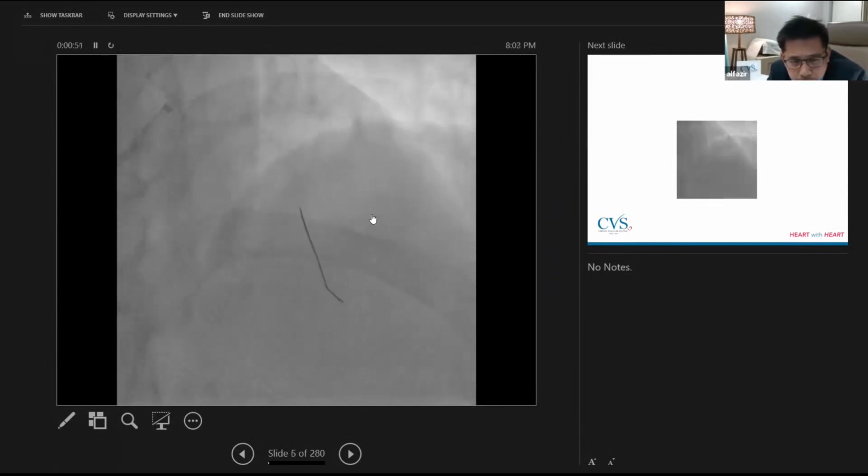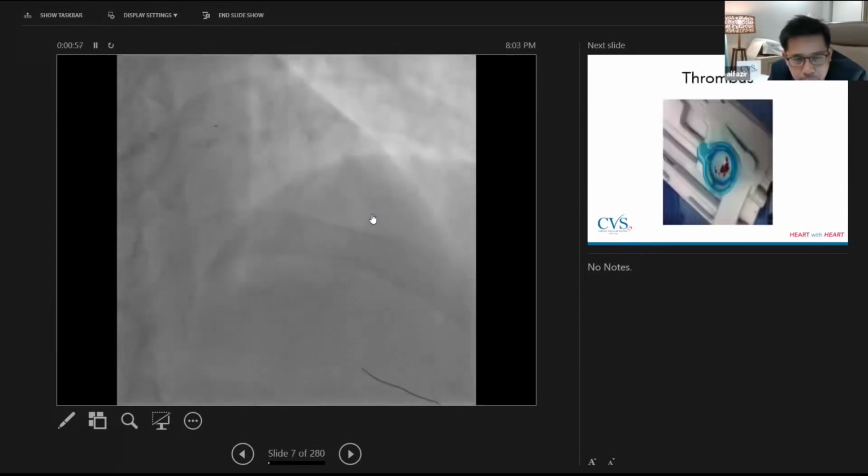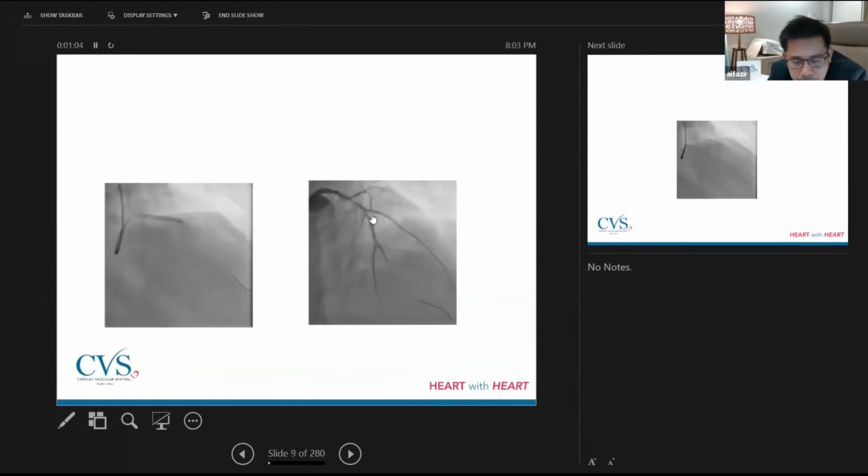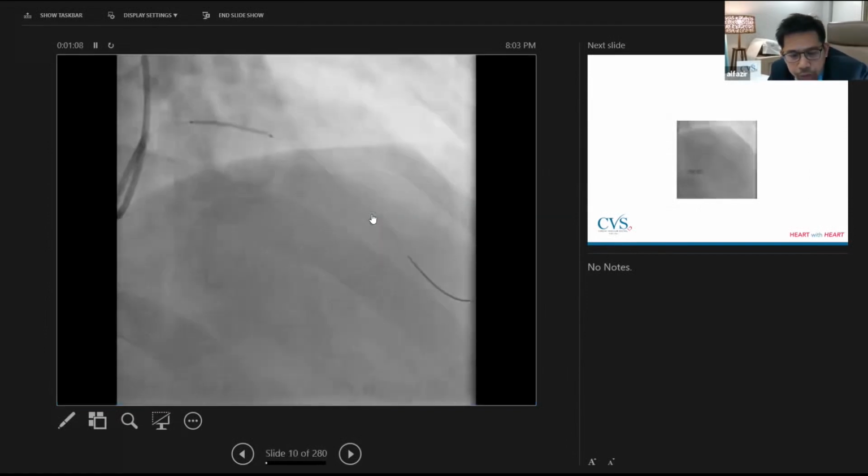What we do in a primary angioplasty is put a wire into the occluded artery and aspirate the thrombus, the blood clot. Then we do some ballooning to the artery, and that immediately restores blood flow.